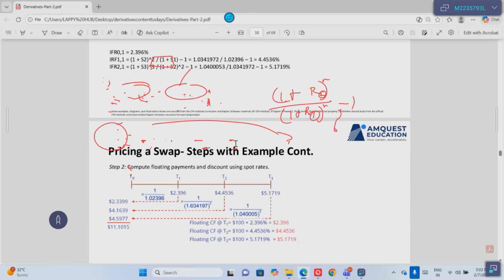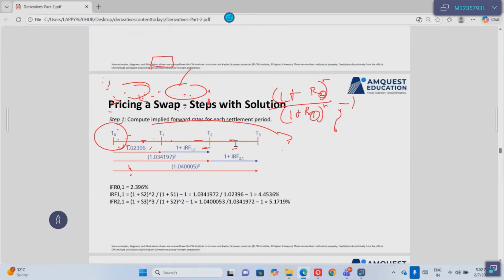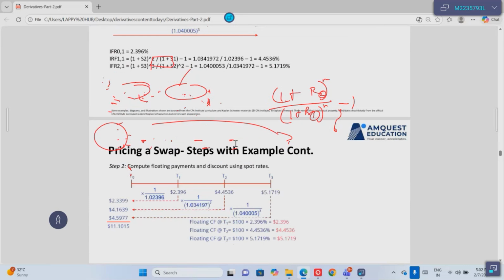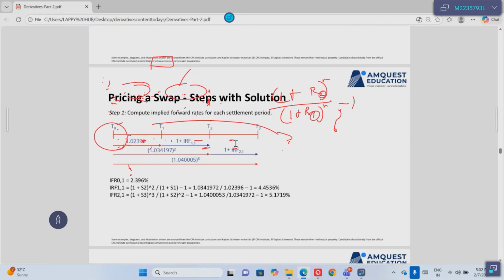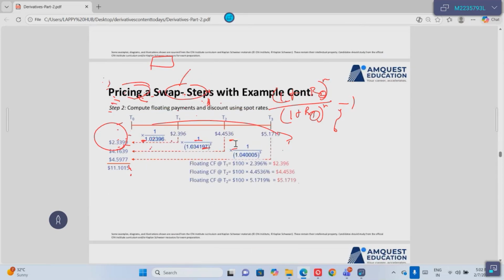Clear? Okay, so here is the price swap with solutions. Okay, price swap steps. This is another example where we're trying to compute the floating payments. Okay, so here you found out what the rates would be for those periods.